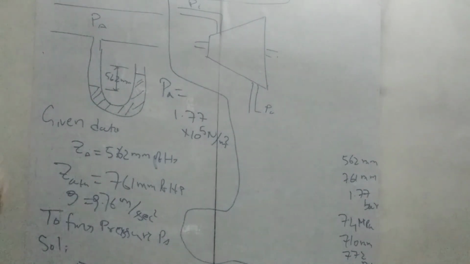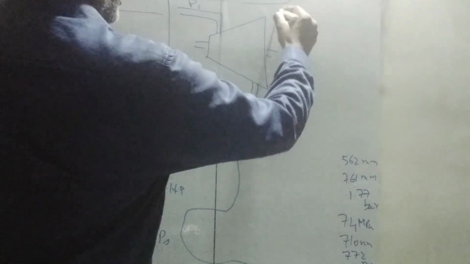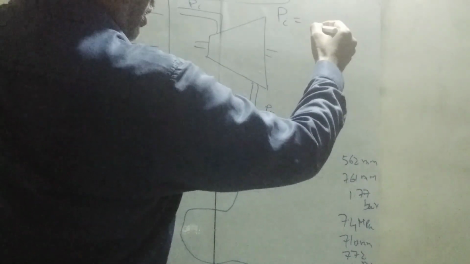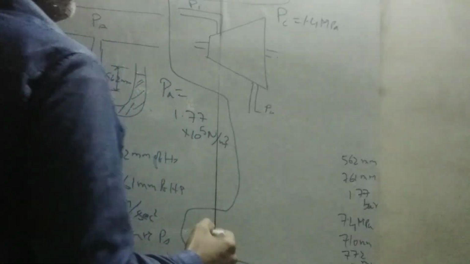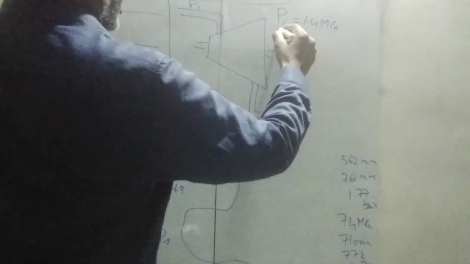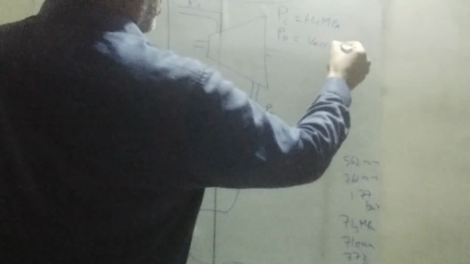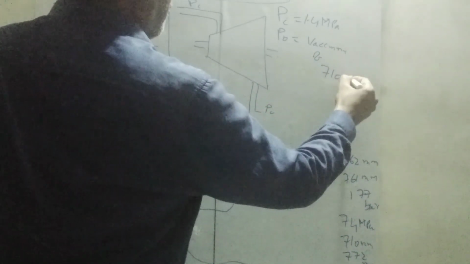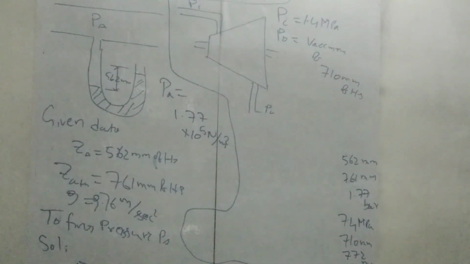The second problem is on a turbine. This turbine, the PI is given as 1.4 megapascals. Now the P outlet is given as a vacuum of 710 mm of Hg.